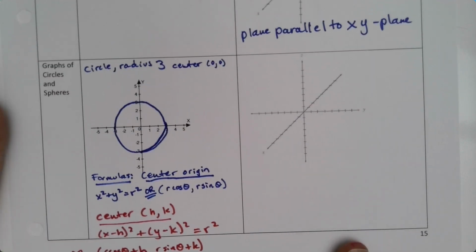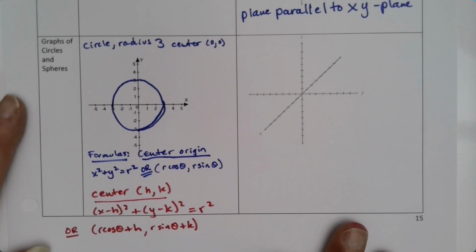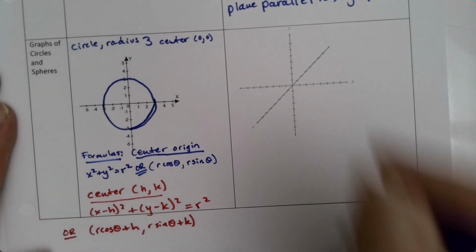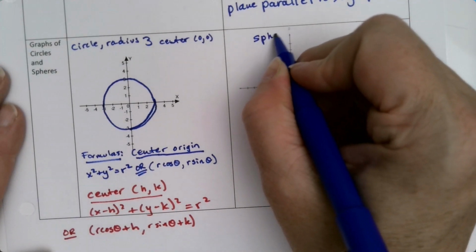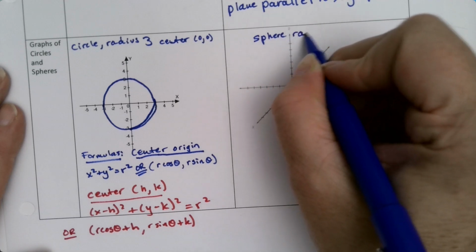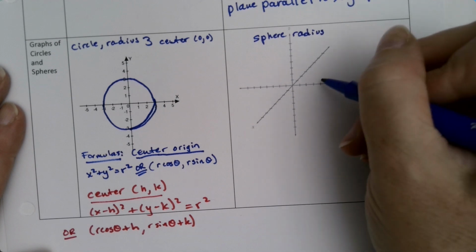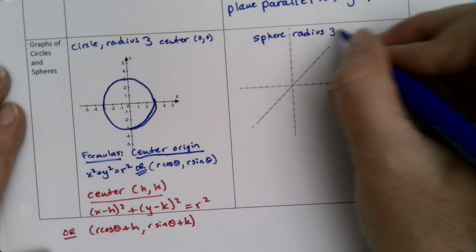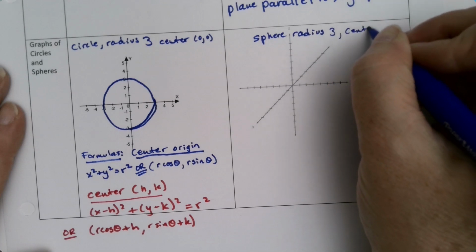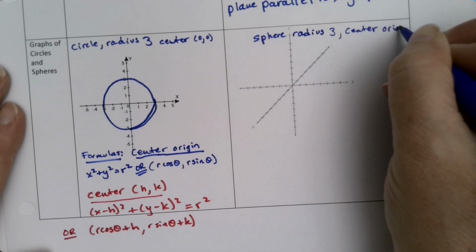Okay, so how do we expand this for 3 dimensions? So how do we work with a sphere with radius 3? Actually, I think I'll draw radius 3. Yeah, I'll do radius 3. And the center is the origin. And the answer is you kind of draw it the same way.